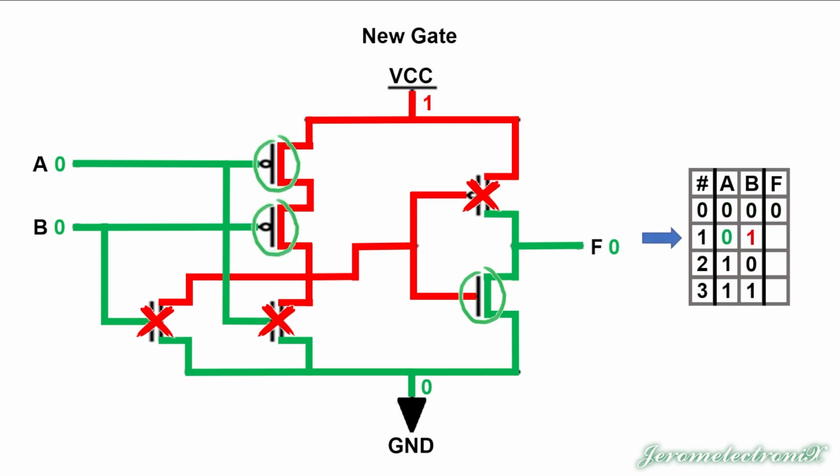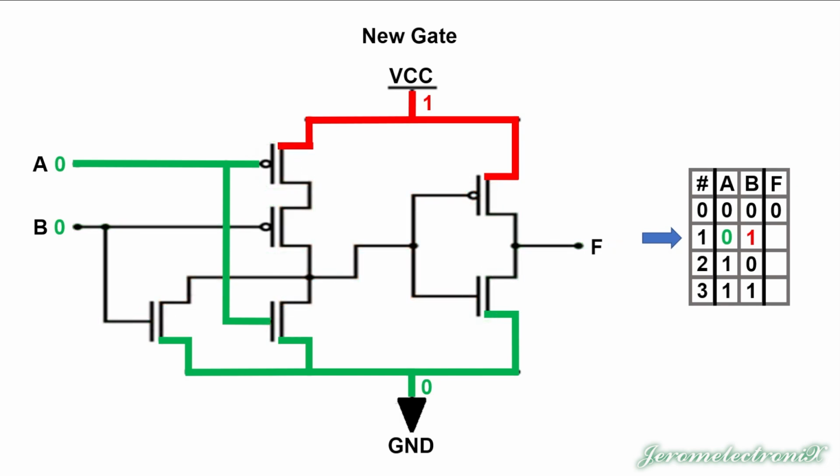Let's talk about the next row now. We're going to leave A set at 0, so we really don't need to change much about that, although we will restate that a 0 into a PMOS allows flow, and a 0 into an NMOS blocks the flow. Then a 1 into B, which is the big change here: the 1 going into a PMOS blocks the flow, and a 1 going into the NMOS allows the flow, and that means now we've got ground.